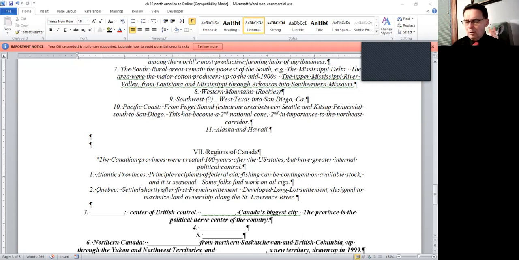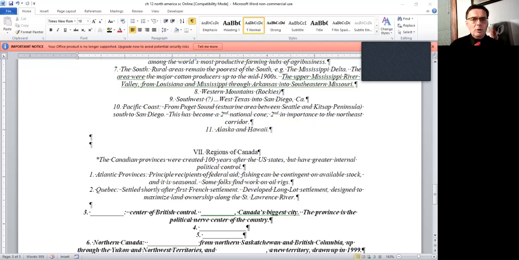Then you've got your Pacific Coast, from Puget Sound to San Diego. And that has become the second national core, second in economic importance to the Northeast Corridor. You have Silicon Valley, you have the Seattle tech area.